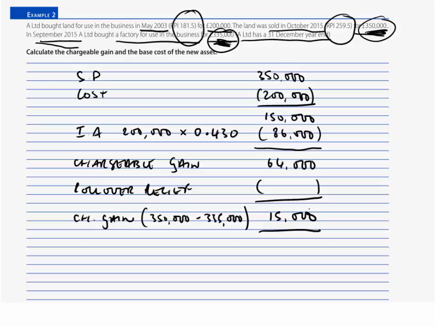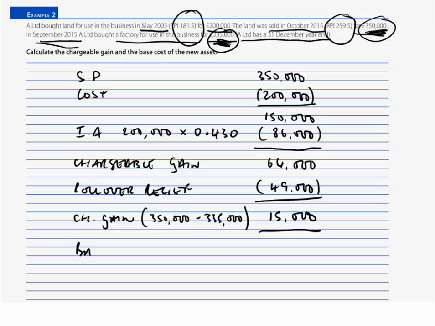On that basis, what is the rollover relief? Well, of the £64,000 gain, £15,000 remains chargeable, so the difference, £49,000, is the extent of the rollover relief. What do we do with that rollover?